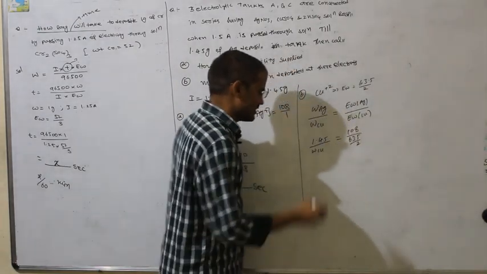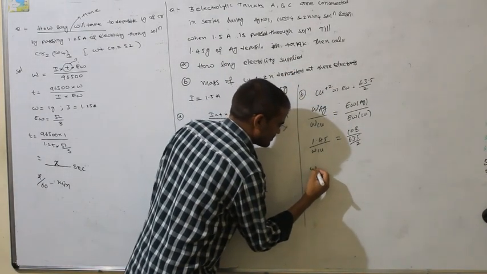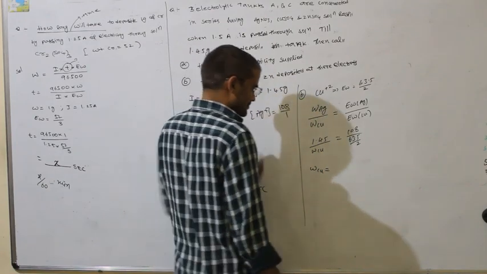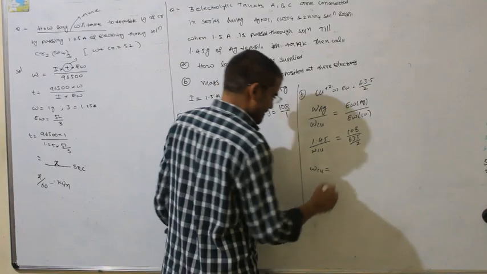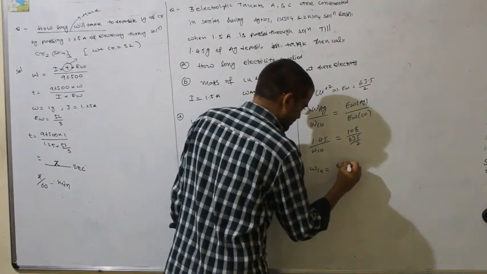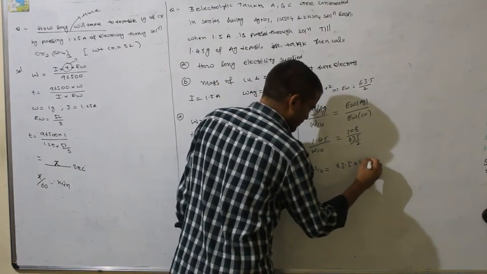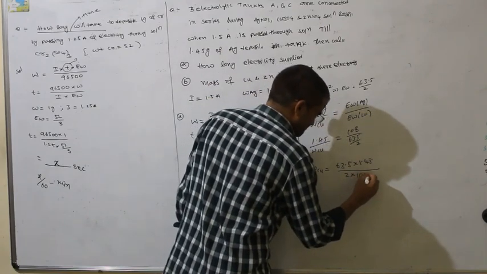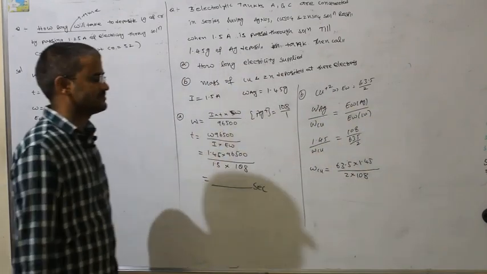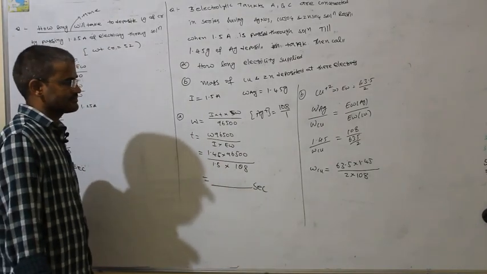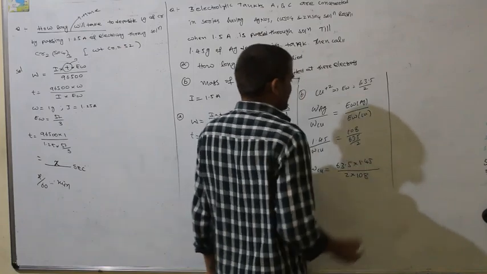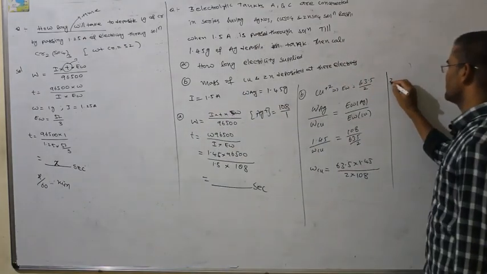So mass of the copper deposited is equal to 63.5 into 1.45 by 2 into 108. Simplify, and that will become the answer.